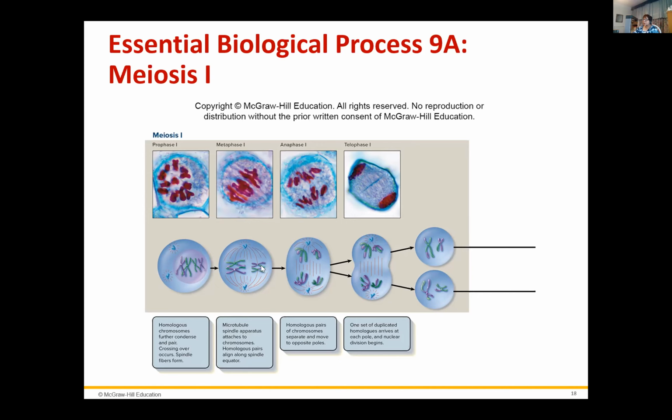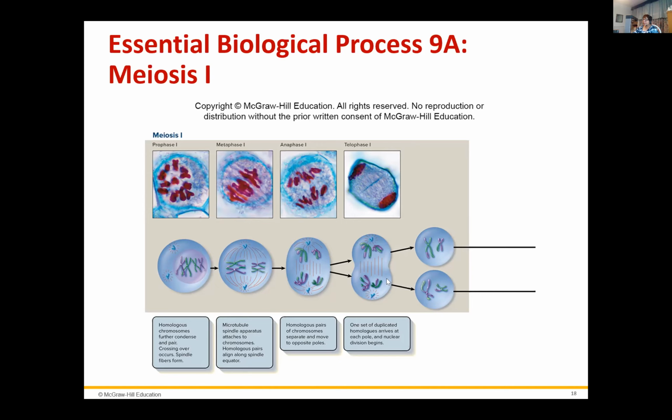If the 2 purple ones had been on the same side, then the 2 purple ones would have moved in the same direction. If the 2 green ones were on the same side, then the 2 green ones would have moved in the same direction. But these lined up so that the purple ones were not on the same side. So the end result is during anaphase, you have one mostly purple one mostly green one moving towards one pole, and basically the same happening towards the other pole.